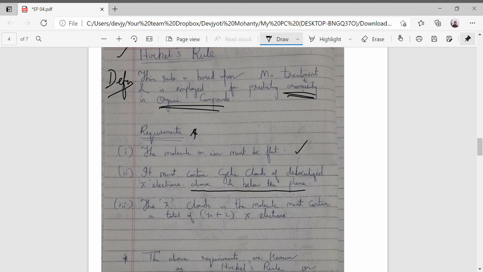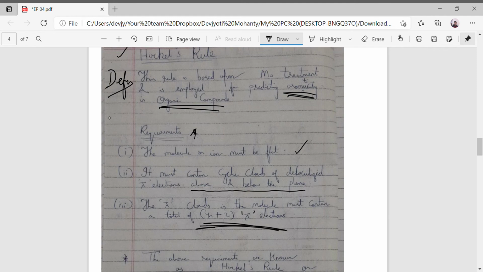In Huckel's rule, the requirement is that it must have cyclic clouds of delocalized pi electrons above and below the plane. Then the pi electrons in the cloud must have a total number of 4n plus 2 pi electrons.